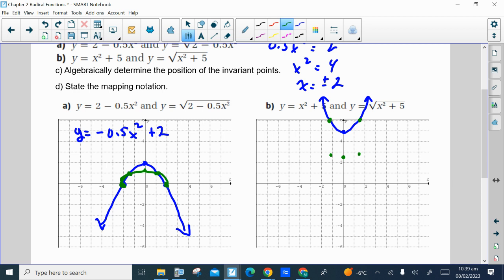And remember, once we get past the invariant points of the original graph, the new graph will always be below the original. It would look something like this. And don't forget, you can always use your graphing calculator to see what this looks like.